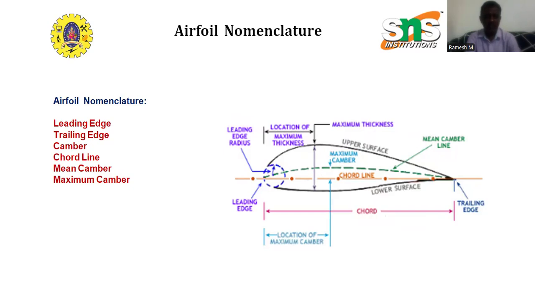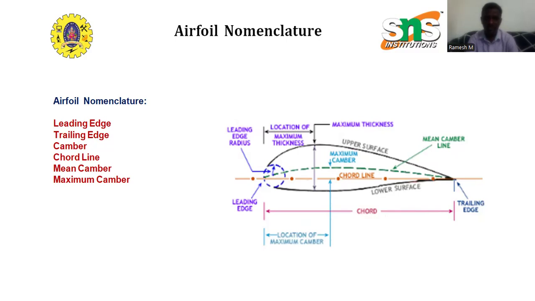And airfoil is a very important parameter to describe or to decide the amount of lift generation. For that, the airfoil nomenclature study is very important. Airfoil nomenclature is nothing but a naming system or categorizing the airfoil shapes.